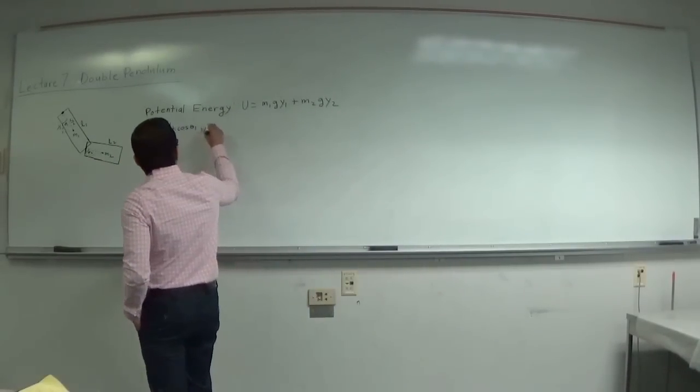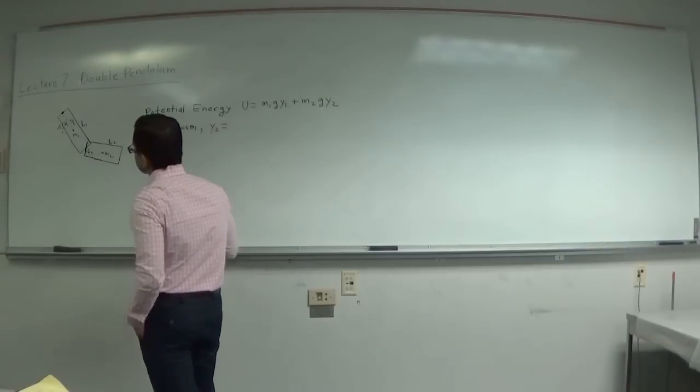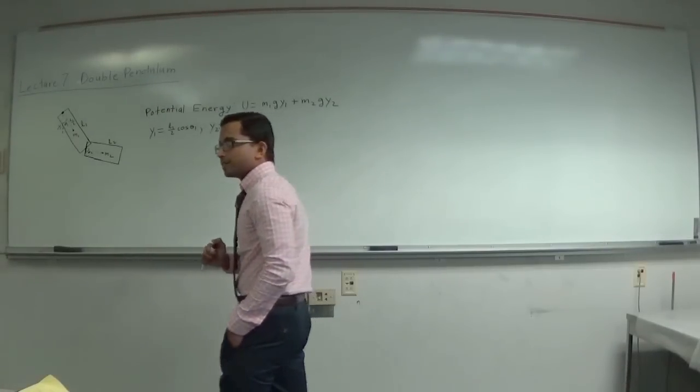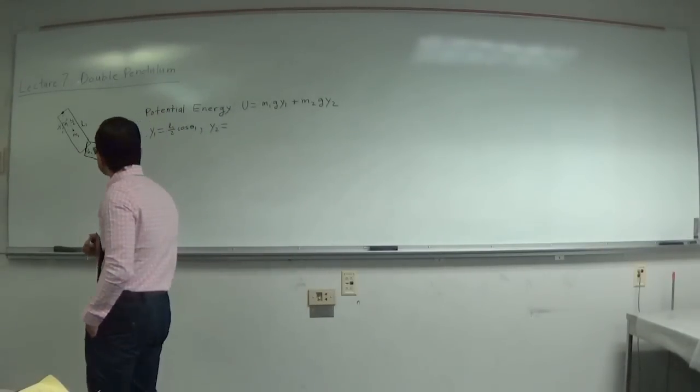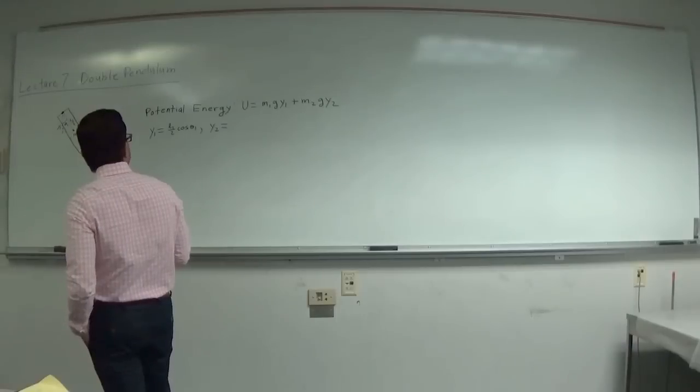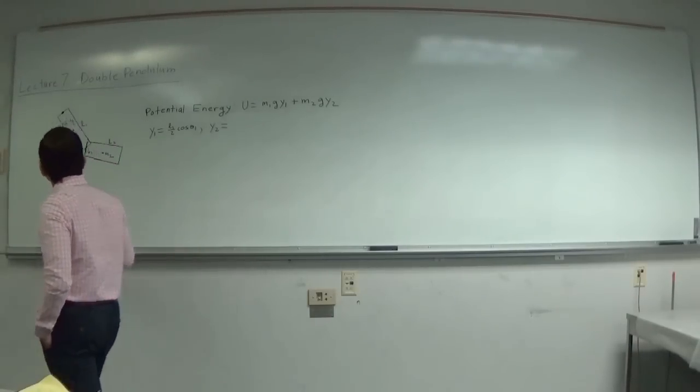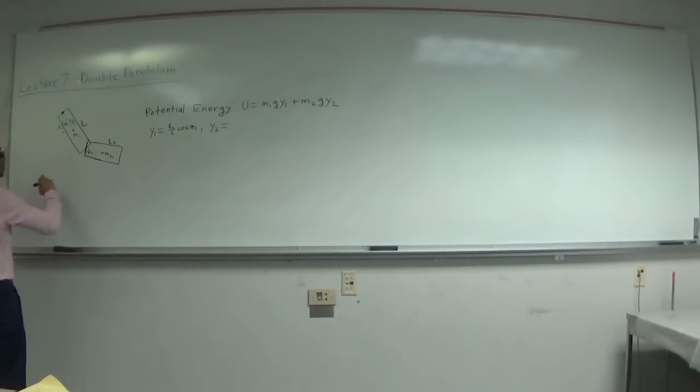Now how about our y2? Is it a sine? No. I'm going to define y2 as coming down from the pivot all the way down to this point. That's trickier.